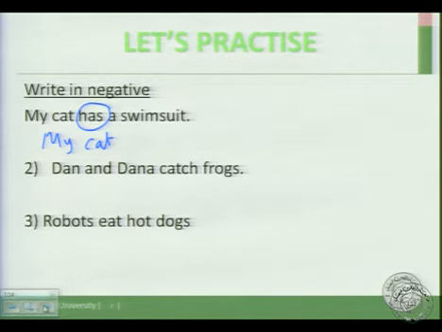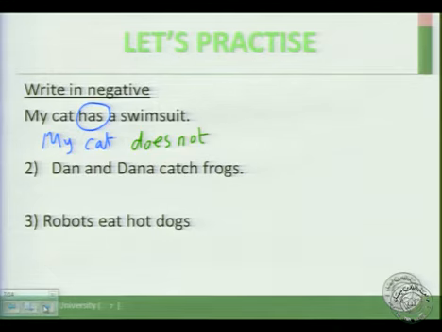My cat, and you have has. What should we use? Do we use does or do? Let us think. My cat is one person, so we should use does not. Let me have it in a different color. Does not. My cat doesn't.